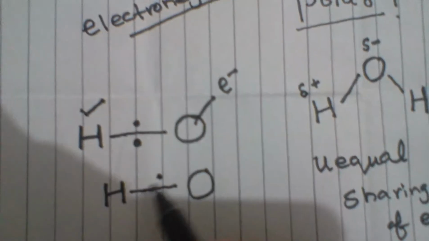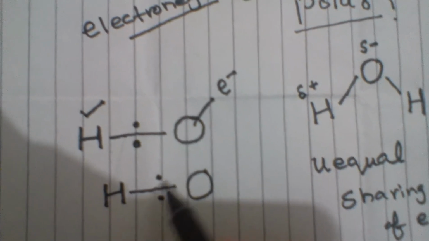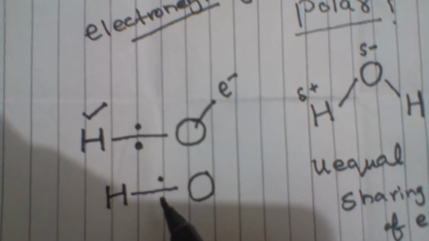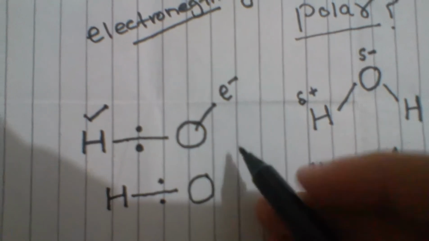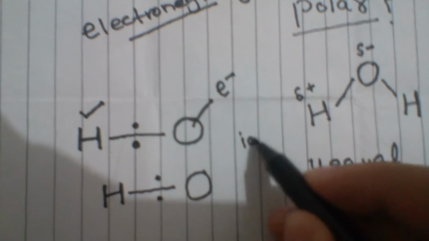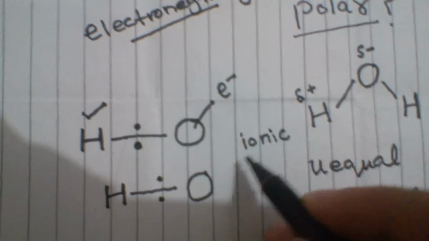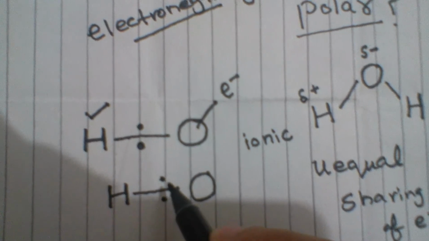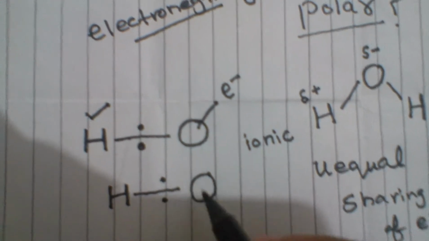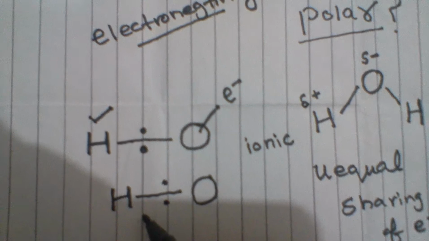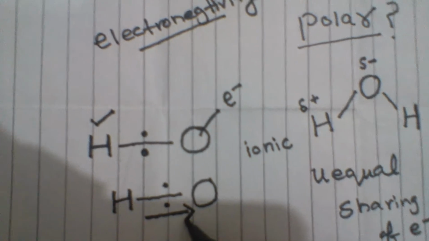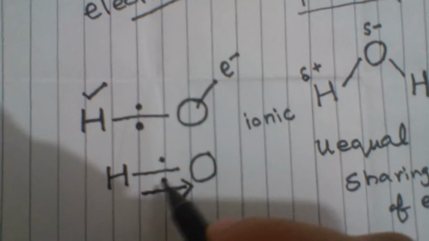So the electrons partially move towards oxygen. Never say completely. In a complete sense, it would form an ionic compound, but it is not. So the electrons are pulled by oxygen partially towards itself. So there will be unequal distribution of electrons.